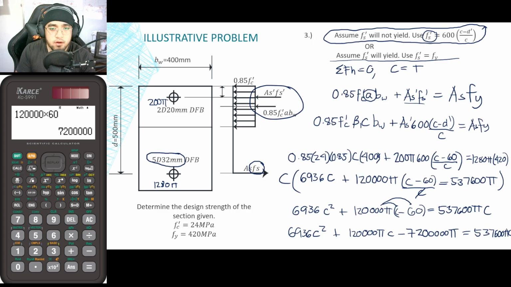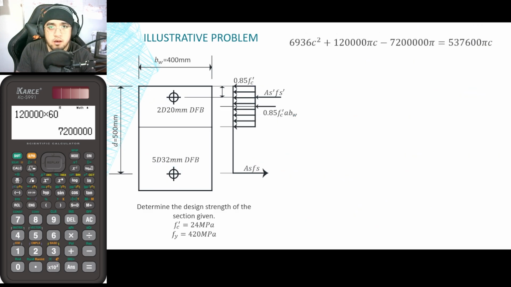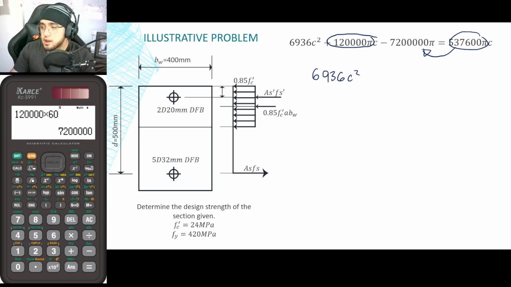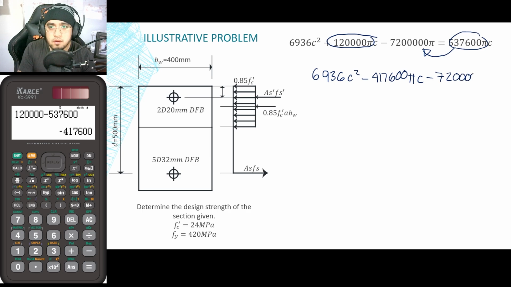Let me just confirm. 6936, I should say. Simplifying this further, this is now equal to 6936c squared. As you can see, we can actually combine these two by transposing this term to this particular side of our equation. Looking at the calculator, 120,000 pi minus 537,600 pi is now equal to negative 417,600 pi c minus 7,200,000 pi.